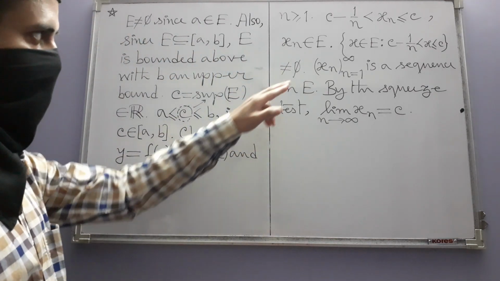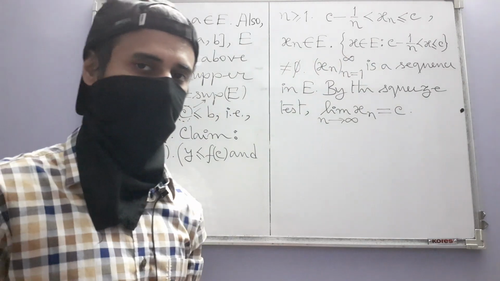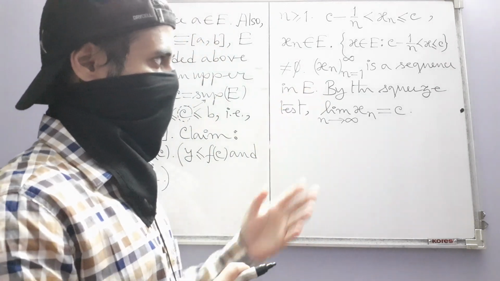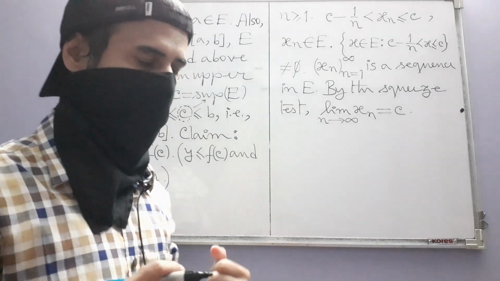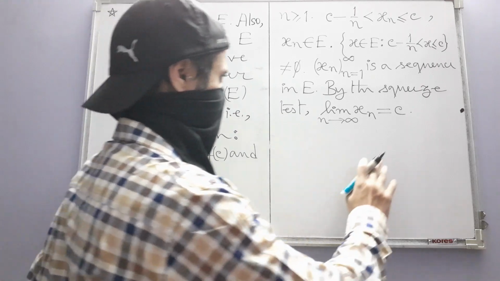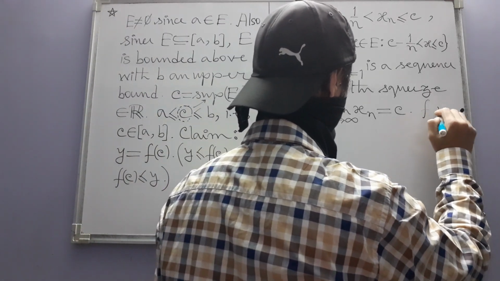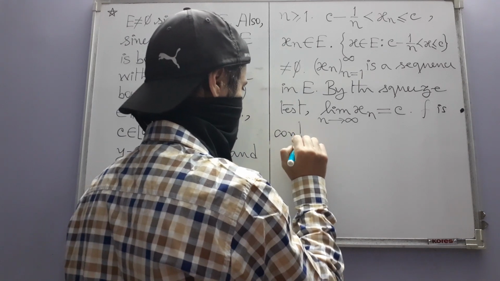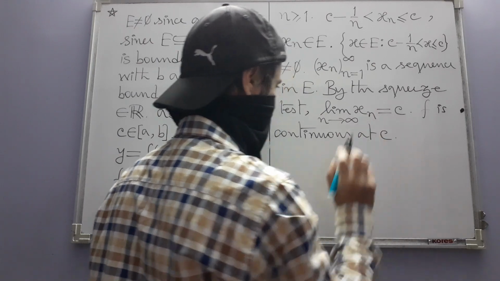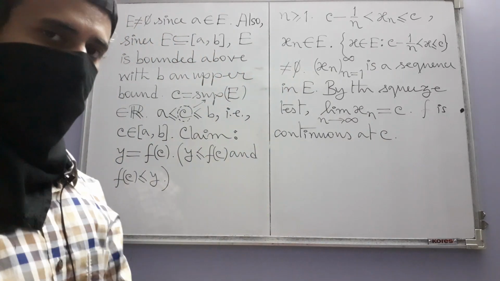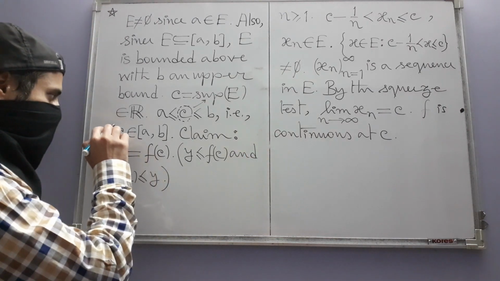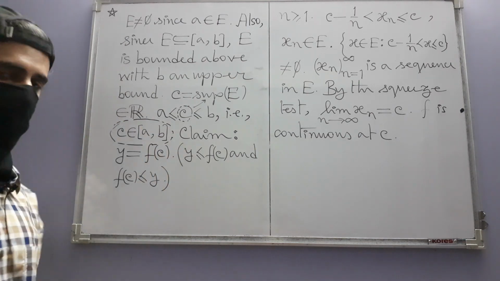Alright. But because xn is a sequence in e and e is a subset of our closed interval a comma b, xn is after all a sequence in a comma b, which is the domain of our f. Now you use the fact that f is continuous at c. Note that it makes sense also to say this, that f is continuous at c, because c is a point in the domain of f.